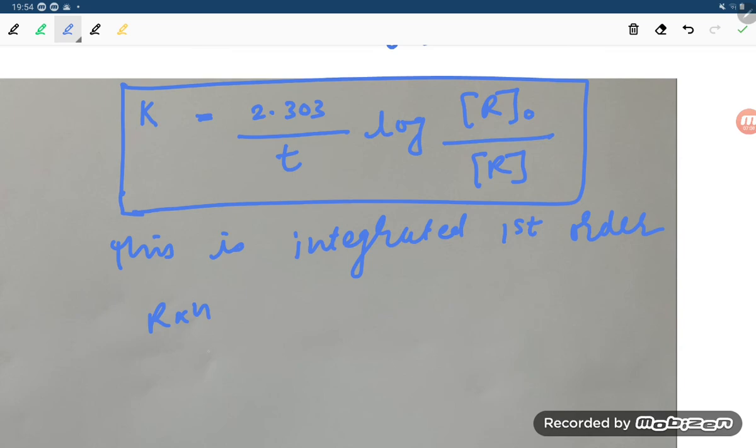Here k is the rate constant for the first order reaction.